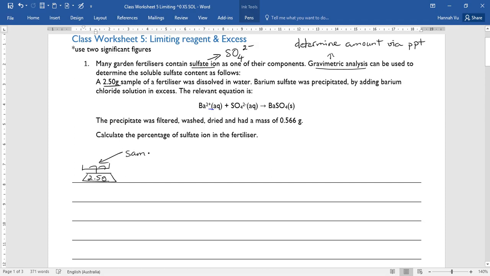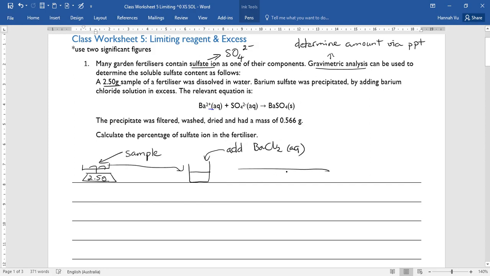So this is not the mass of barium sulfate. This was dissolved in water. And then you add barium chloride, which is the precipitating reagent.